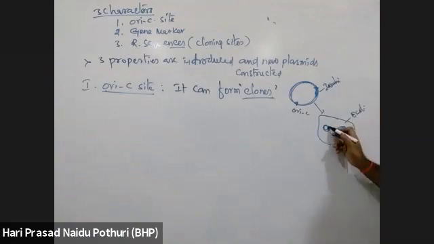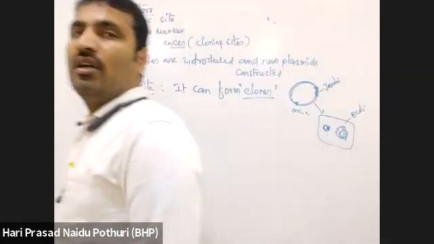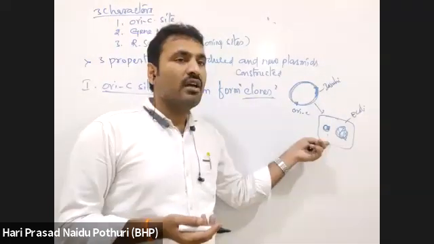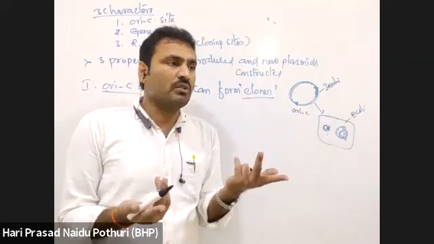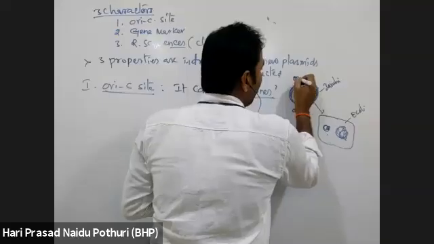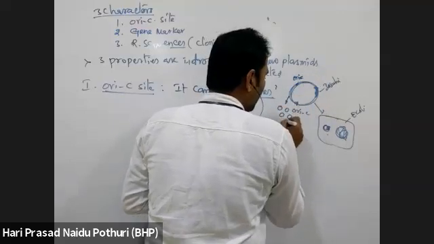If that insulin gene is not undergoing replication, no use. A single copy of insulin gene will be there, and with one single copy, it can produce only one copy of insulin. No use. So, as this has ORI sites, this can produce multiple copies of rDNA.